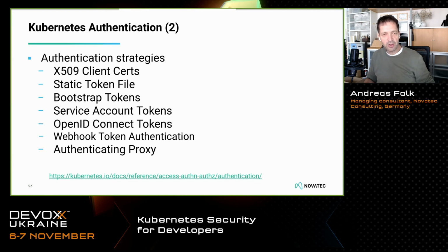You have different authentication mechanisms. I will not go deeper into that part because usually the authentication strategies are already configured by your cloud provider. You can configure the cloud provider to use client certs or OpenID Connect tokens, for example, for authentication, so you bind the identity management part of your cloud provider to the Kubernetes authentication part.